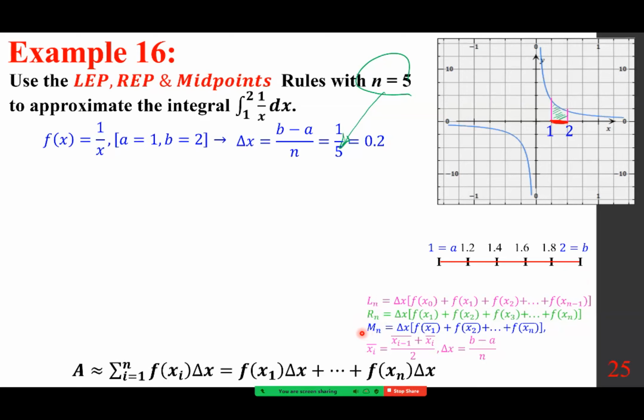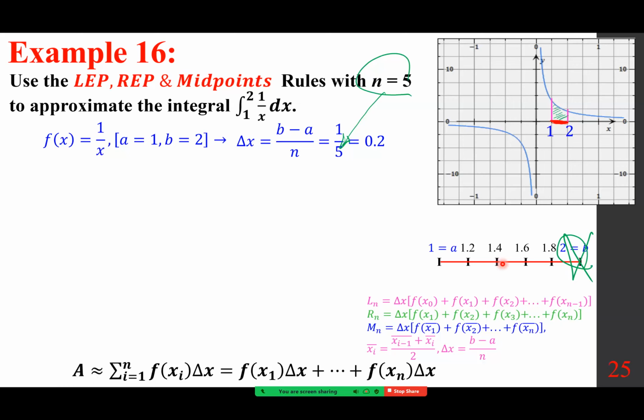So in short, when you want to use the left endpoints, all of them are used except B. So for the left endpoints, you don't use this point. You are going to write delta x, which is 1 over 5, times f of x_0, x_1, x_2.